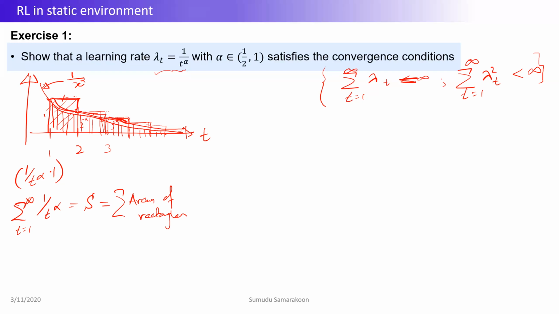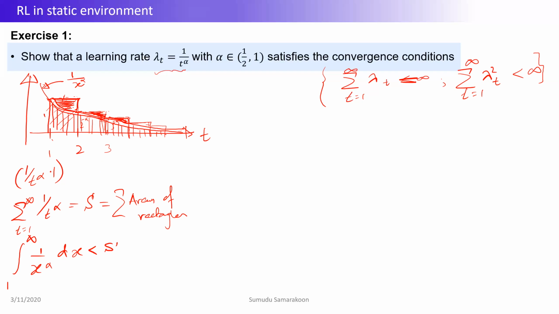They are some excess areas if we remove the area under this curve. So what we can say is, if we integrate 1 over x to the power alpha from 1 to infinity, we know S is larger than this quantity.